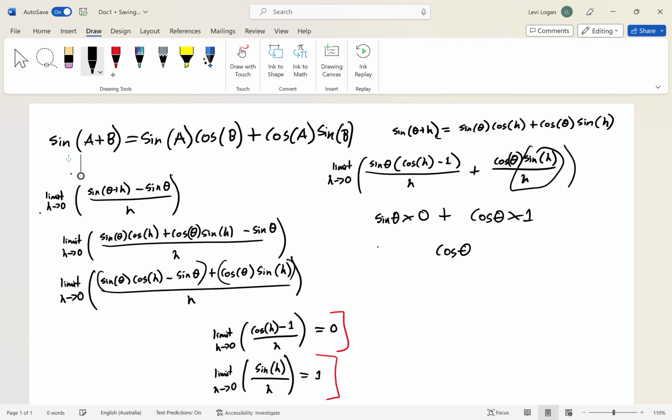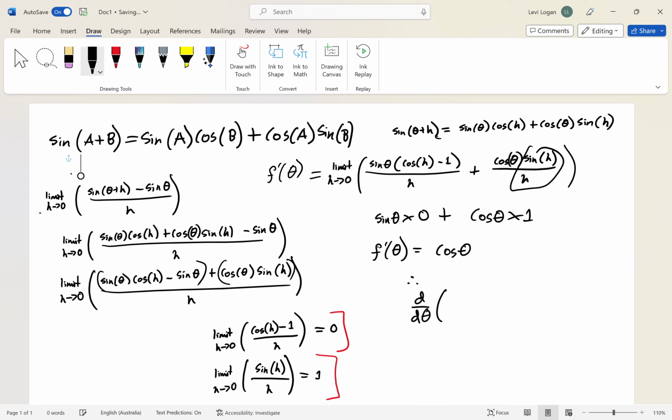So this whole limit as h approaches 0 is our first principles, otherwise known as the first derivative, f dash of theta. So f dash of theta is equal to cos theta. Therefore, the derivative operator with respect to x, actually no, let's do theta to keep our variable straight.